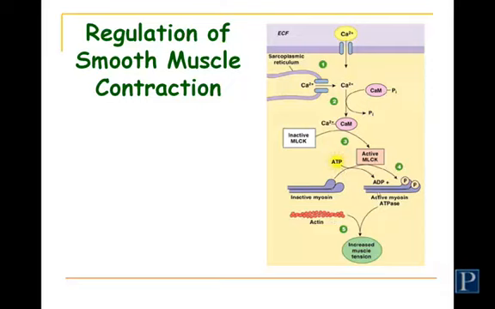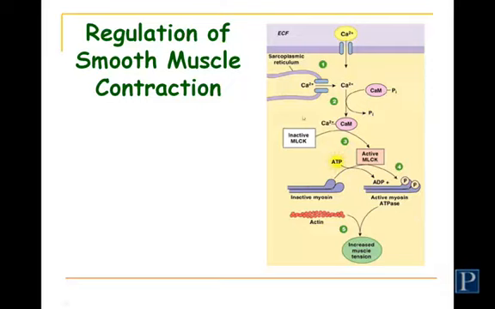There is also an enzyme called myosin light chain phosphatase. Phosphatases remove phosphates. So if the phosphatase is active, it will remove the phosphate, and then myosin won't be able to interact with the actin.